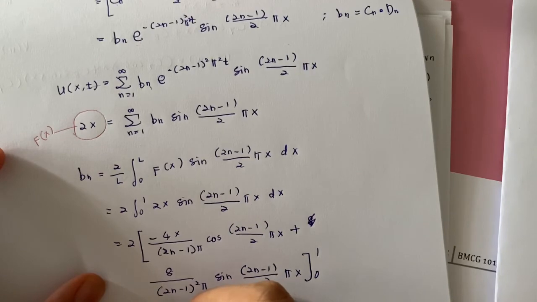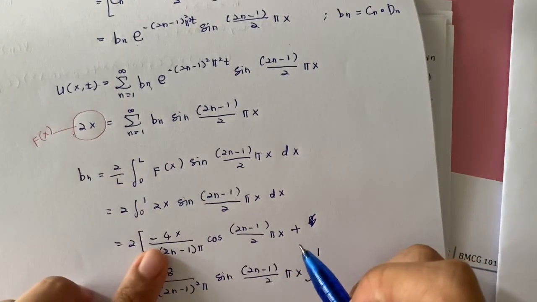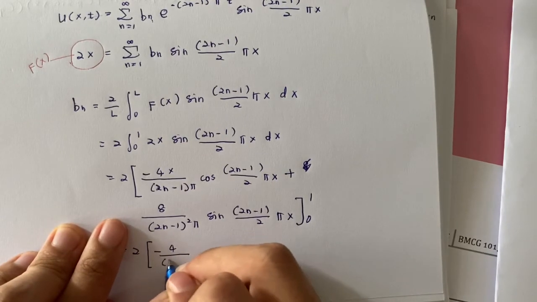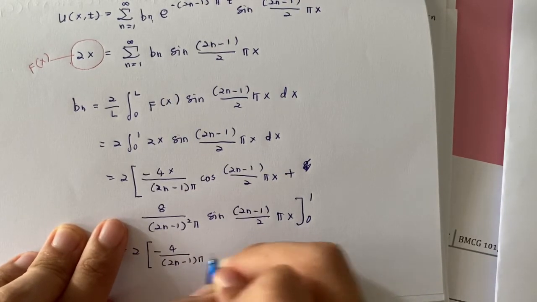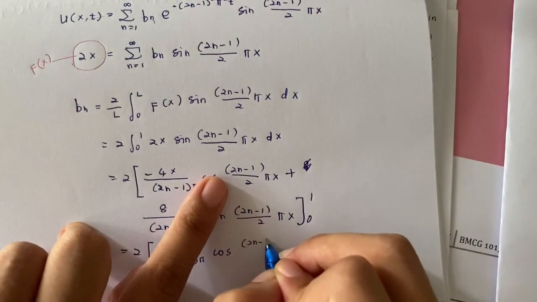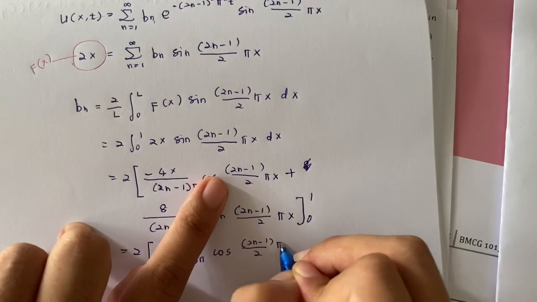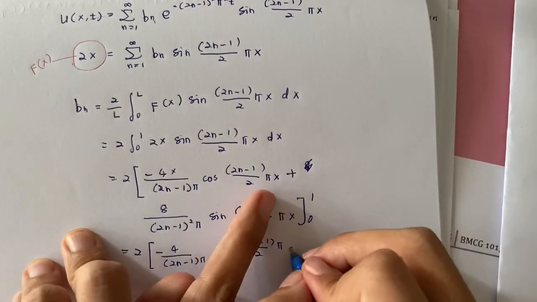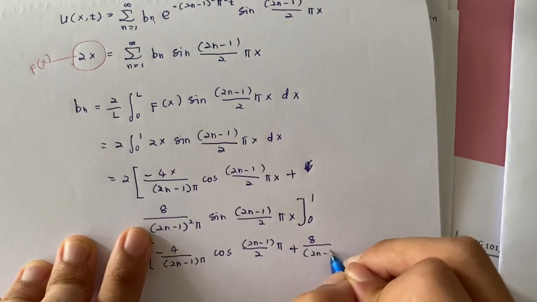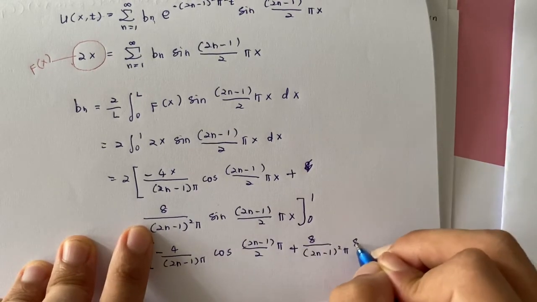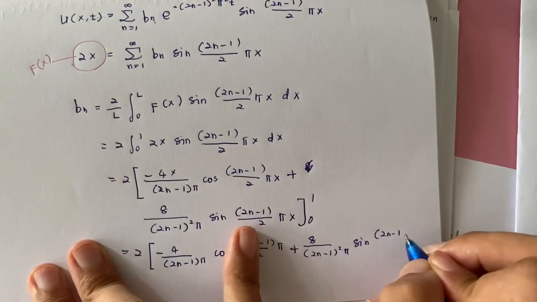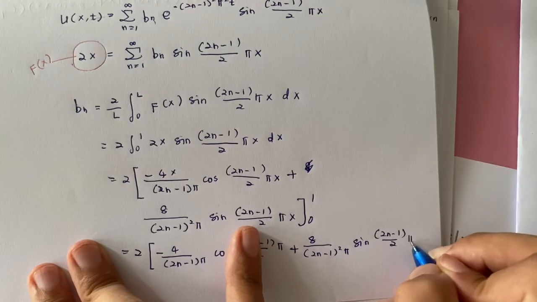So you have 2 here, substitute 1, you have minus 4 over (2n minus 1) pi cos((2n minus 1)/2 pi) plus 8 over (2n minus 1) squared pi sine((2n minus 1)/2 pi).